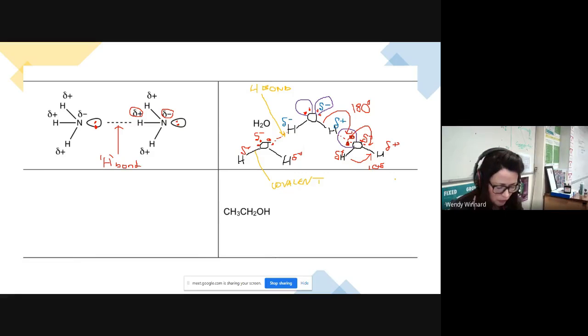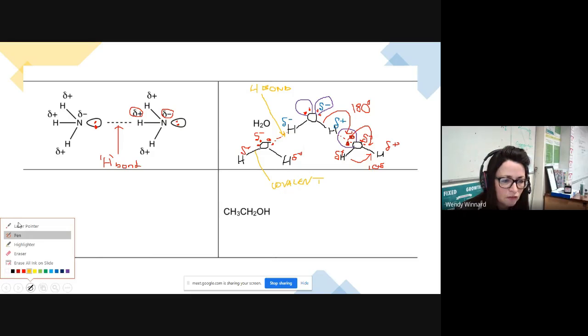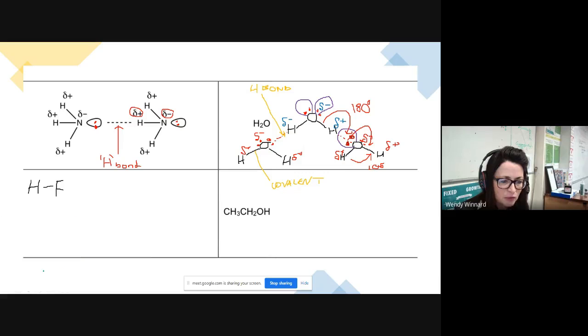Now the other one here that's come up says hydrogen fluoride. So let's do HF. Hydrogen fluoride has got the most electronegative element in the periodic table, which is fluorine. So that is very delta minus.